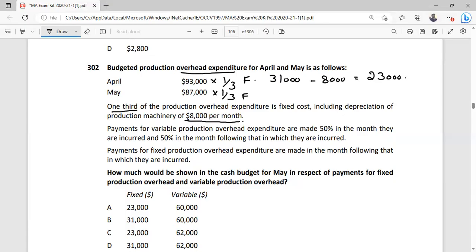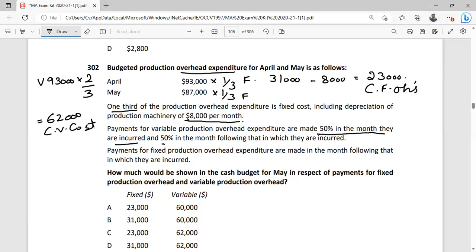Payment of the variable production overhead expenditure is 50% in the month they are incurred. Okay, so variable out of 93,000 is 2 by 3, which means 62,000. It is cash variable overhead. It is cash fixed overhead. And 50% in the following month.